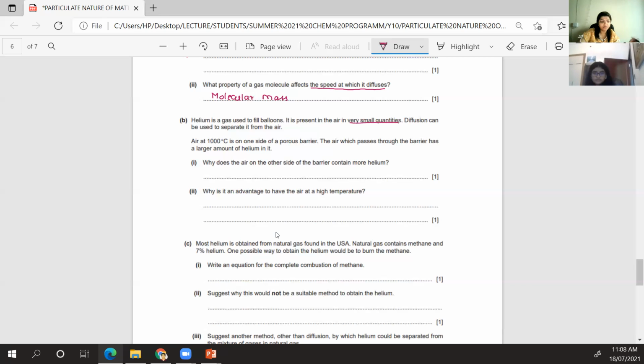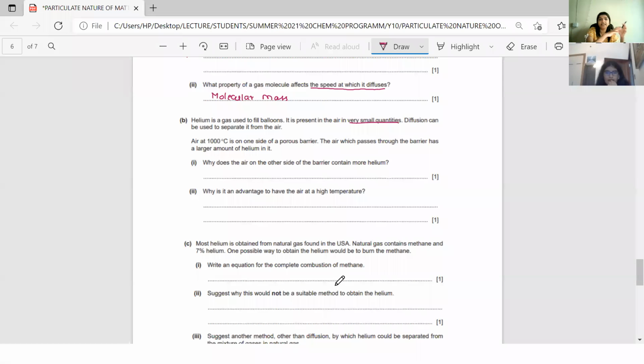Air at 1000 degrees Celsius is on one side of the porous barrier. The air which passes through the barrier has a large amount of helium in it. So if there is a large amount of helium in it, can I say that it will diffuse from a higher concentration to lower concentration? Because that's the air which has more helium. That's what they are telling us. Now, why does the air on the other side of the barrier contain more helium?